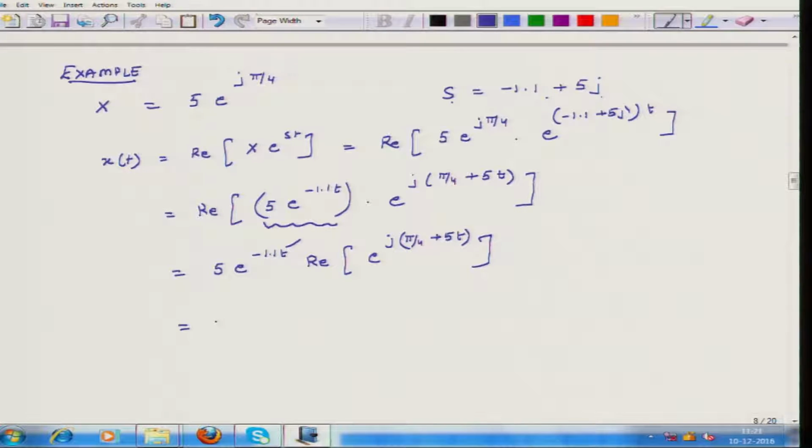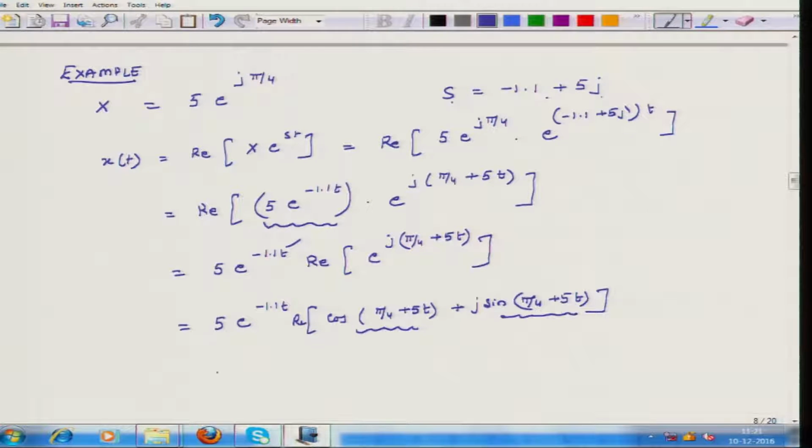Which can be written as 5 e to the power of minus 1.1 t, and the real part of cosine (pi over 4 plus 5t) plus j sine (pi over 4 plus 5t). So, this is the real portion, this is the imaginary portion.